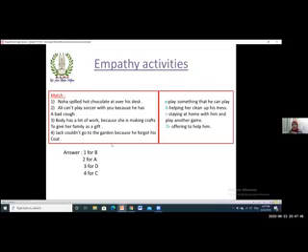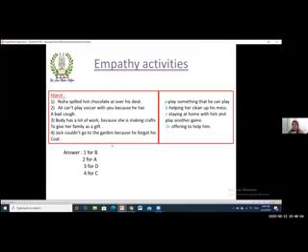Yes, it's very easy when you deal with this as a grammatical or construction or vocab sentence. But try to deal with such a sentence as if it's an empathy activity.